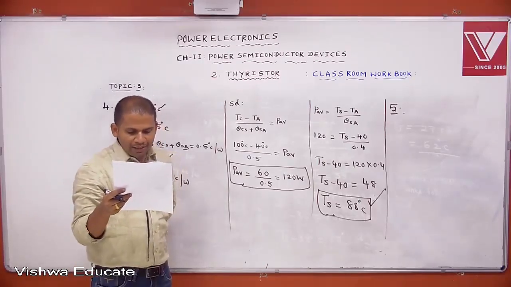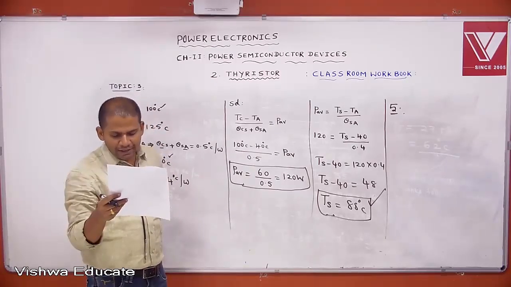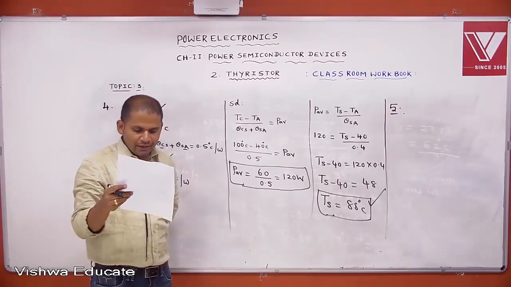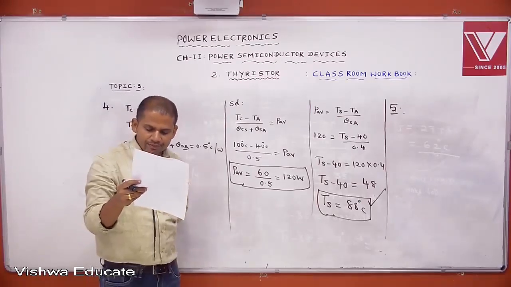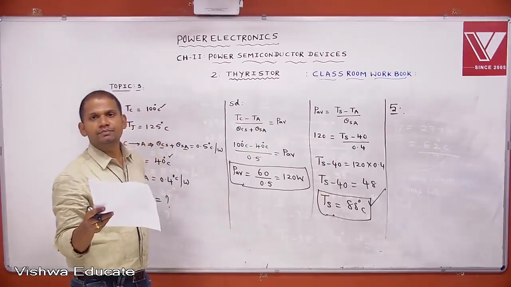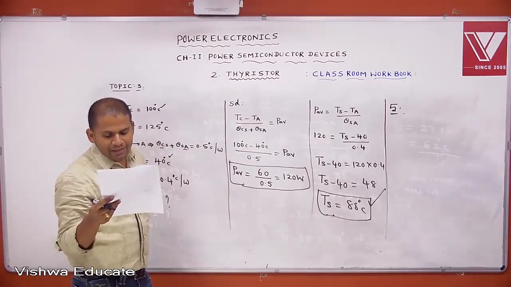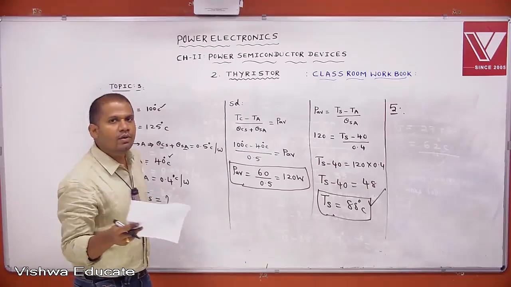High dV by dt and low dV by dt, high dV by dt and low di by dt, low dV by dt and low di by dt, high dV by dt and high di by dt. Snubber circuits are used to protect thyristor from which of the following?